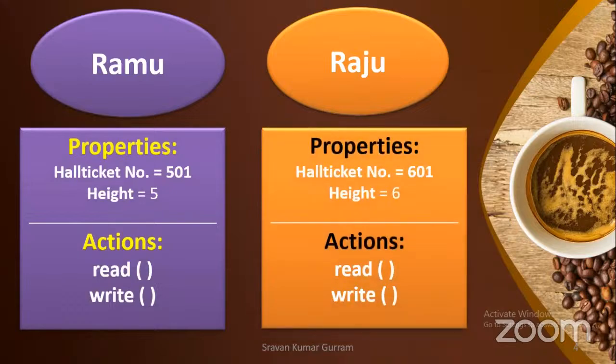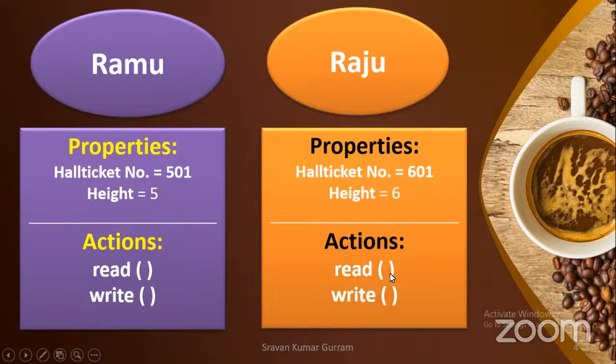In the same way, coming to Raju, the properties Raju has are hall ticket number and height. The hall ticket number of Raju is 601 and the height is 6 feet, let us say.